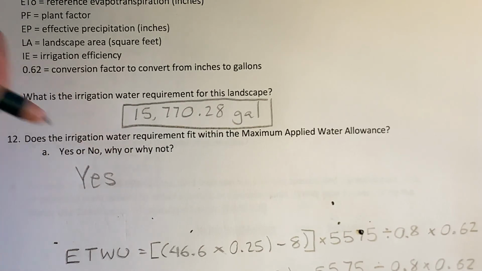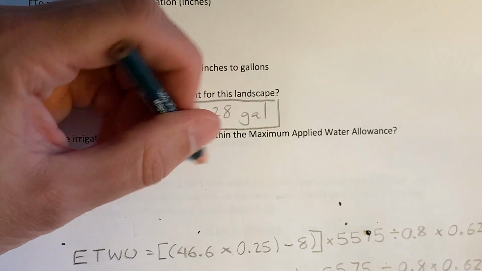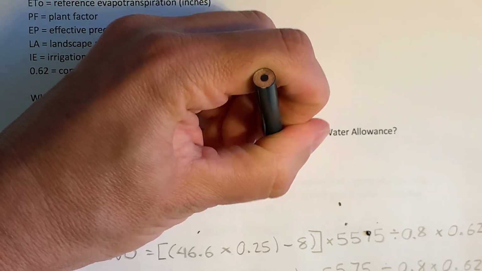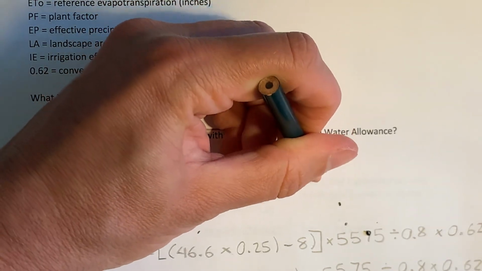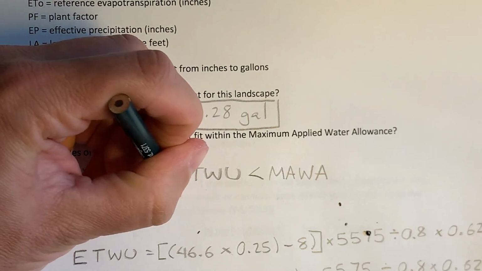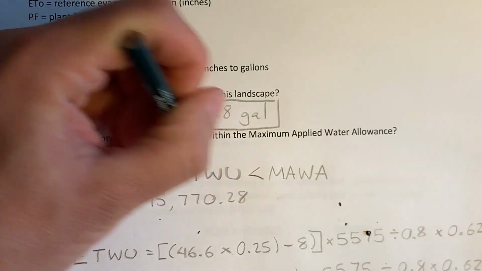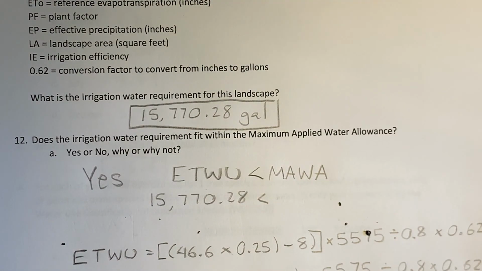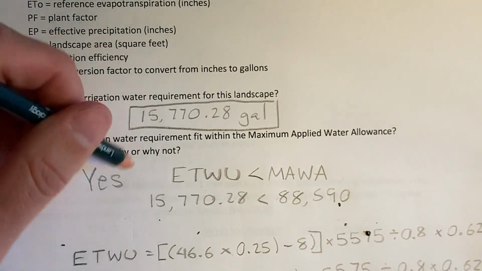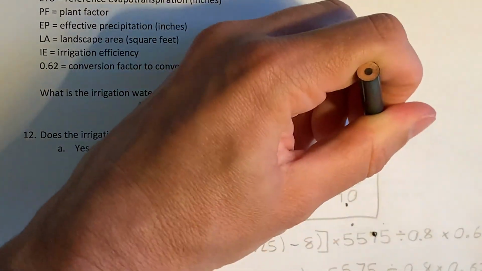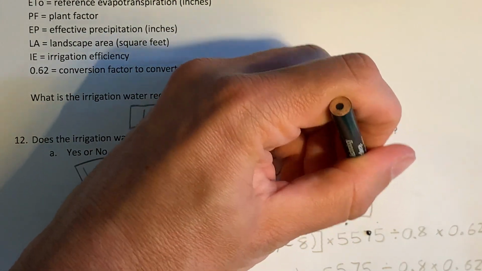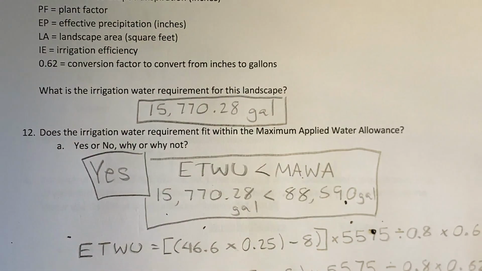The answer is yes, because the estimated total water use is less than the maximum applied water allowance. 15,770.28 is less than 88,590. There you go.